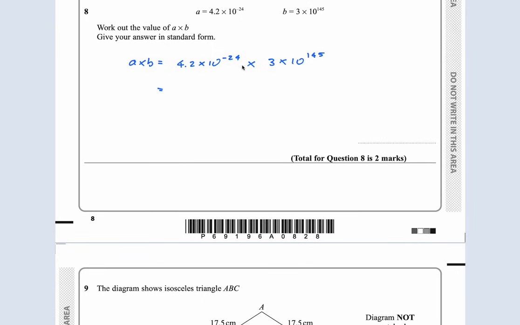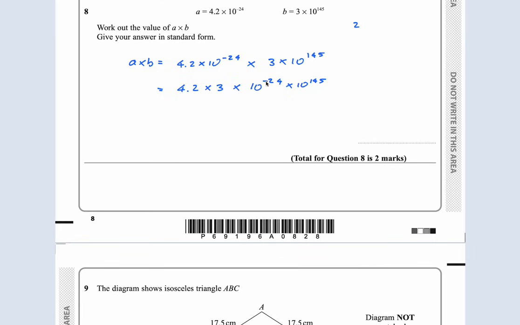Now, I'll just rearrange it slightly. So I can do 4.2 times 3 times 10 to the minus 24 times 10 to the power of 145. I can do that because obviously 2 times 3 times 4 is the same as 3 times 2 times 4, or 4 times 3 times 2. They're all the same thing. So I can just swap these around, no problem.